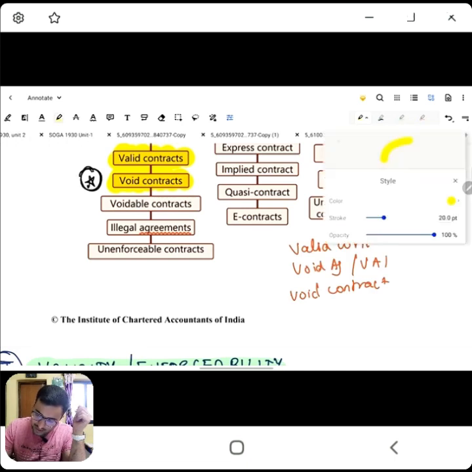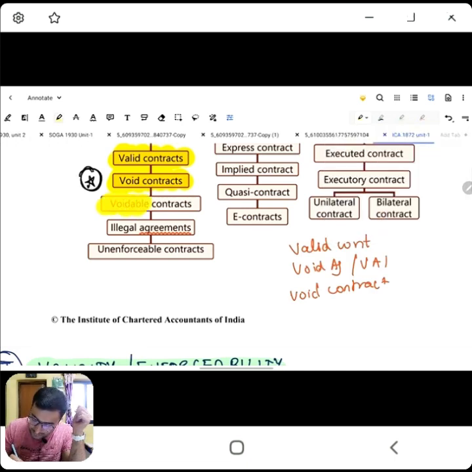Next type of contract which we discuss is a voidable contract. What is a voidable contract? When I say something is avoidable, something is disposable, something is breakable, something is doable, can I say there is always an option involved here? If I say it is doable, it means if you want to do it, you can do it. It is breakable, means if you want to break it, you can break it.